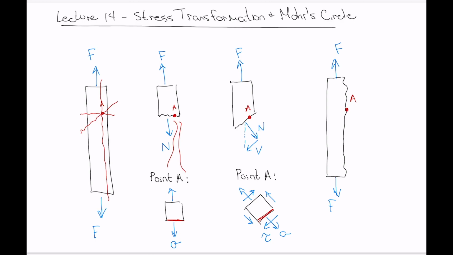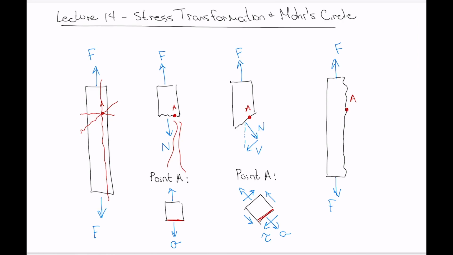And to really fully define the stresses that exist at a point, we need a way of being able to represent all these various combinations of stress that can exist at a point based on your orientation of analysis. And that's where this graphical tool called Mohr's circle comes in.